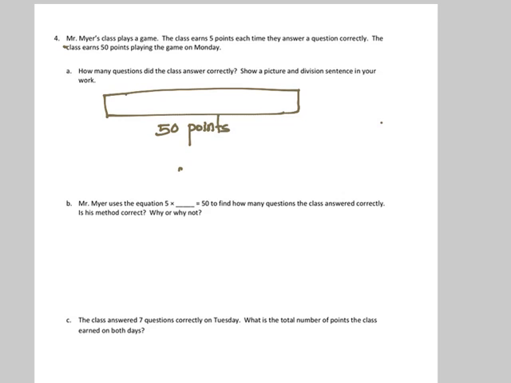We know that one time if they answer, they're getting 5 points. So we have to count till we reach 50. 5, 10, 15, 20, 25, 30, 35, 40, 45, 50. So the total is 50 points.